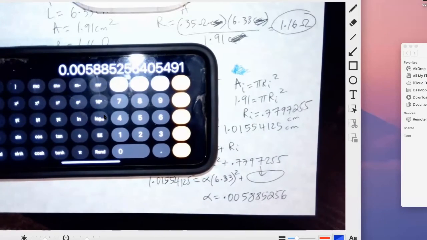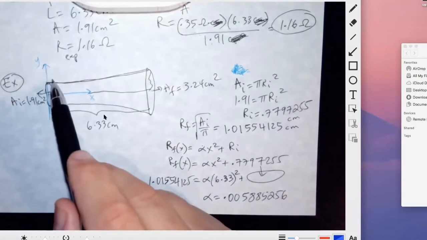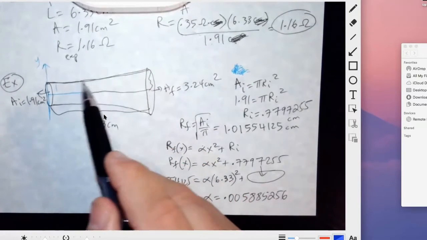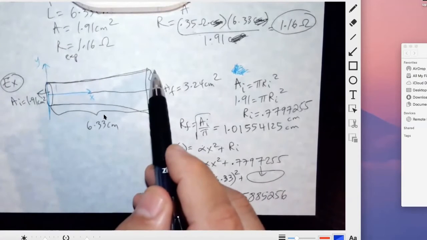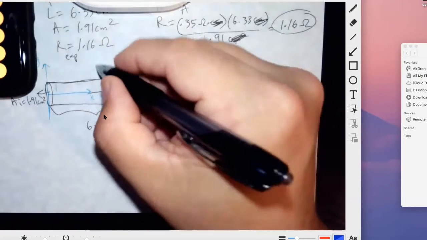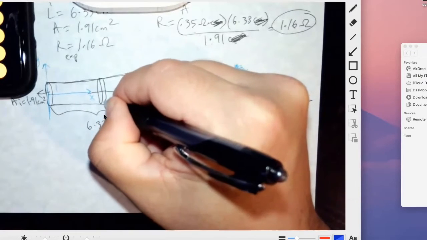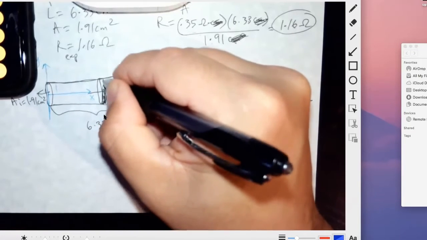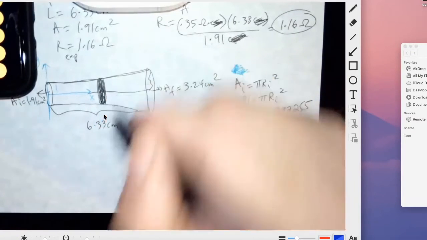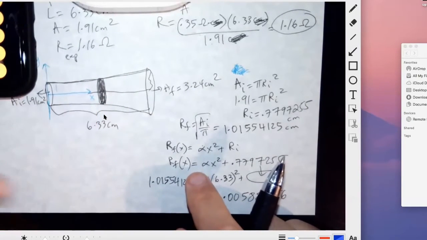So it's just some fudge factor that I need to make the square function fit that square behavior, or it could have been a linear behavior, whatever the problem tells you. Right. Okay, then I'm going to do an integral. I'm going to take a small piece of this wire, and then I'm going to say the resistance of that.